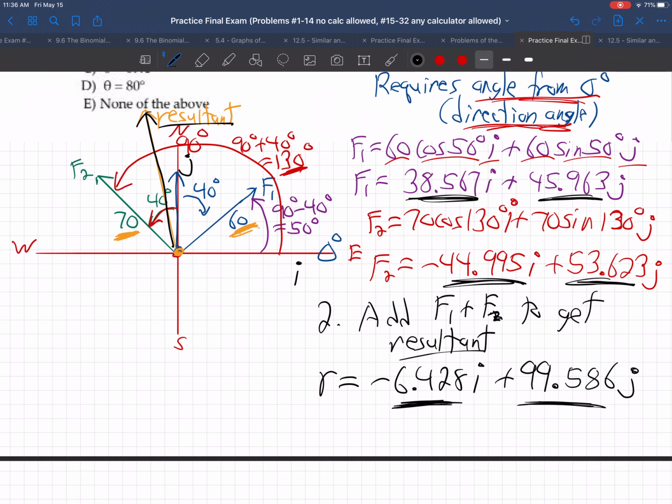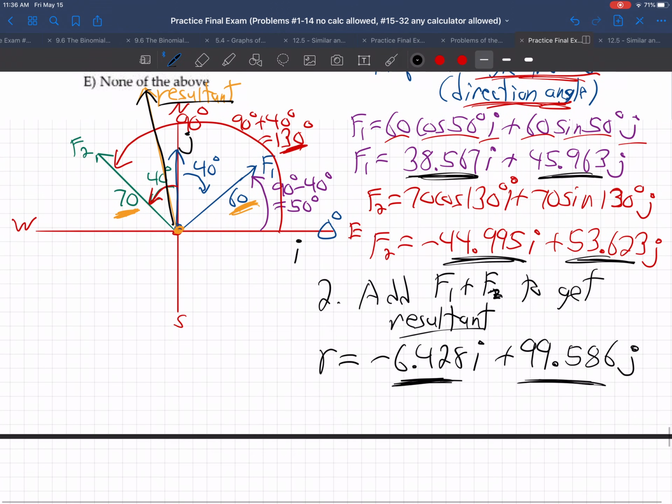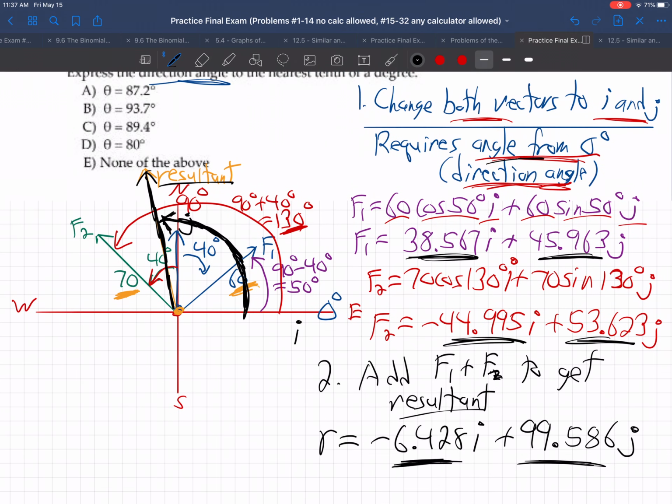Now, that's step 2. Step 3, the final thing, we've got to find that angle. The angle from here all the way. This is the main thing we've been shooting for all along. What is that angle right there to the resultant vector from 0 degrees? A direction angle again. The key to this problem is knowing the direction angle is always from 0 degrees.